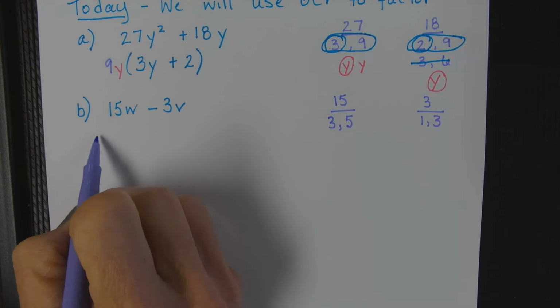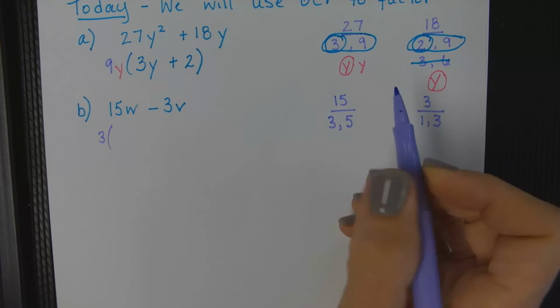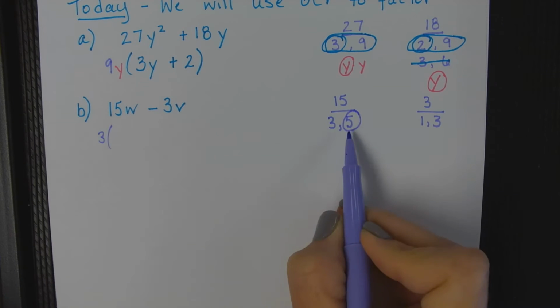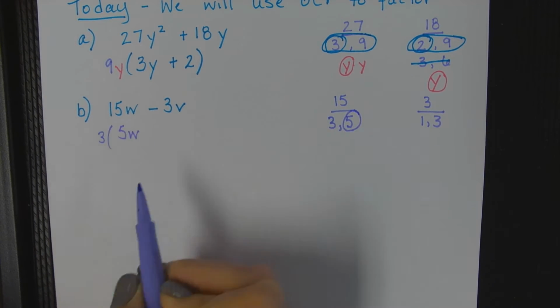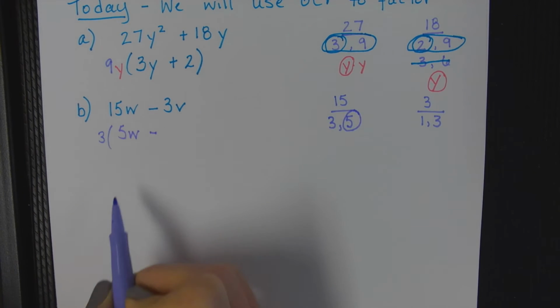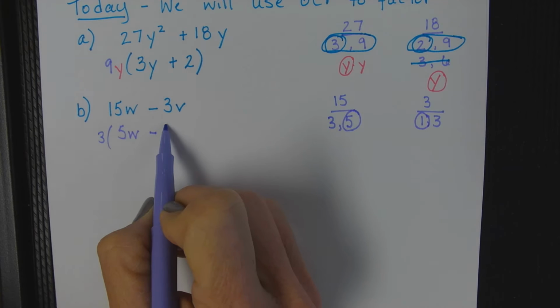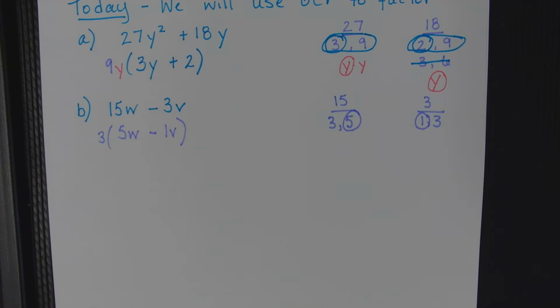So let's go over here. We're going to factor out a 3. Again, our work is over here, right? So what's left inside? 5 and our lonely W, right? Minus, right, 1V. And you're done.